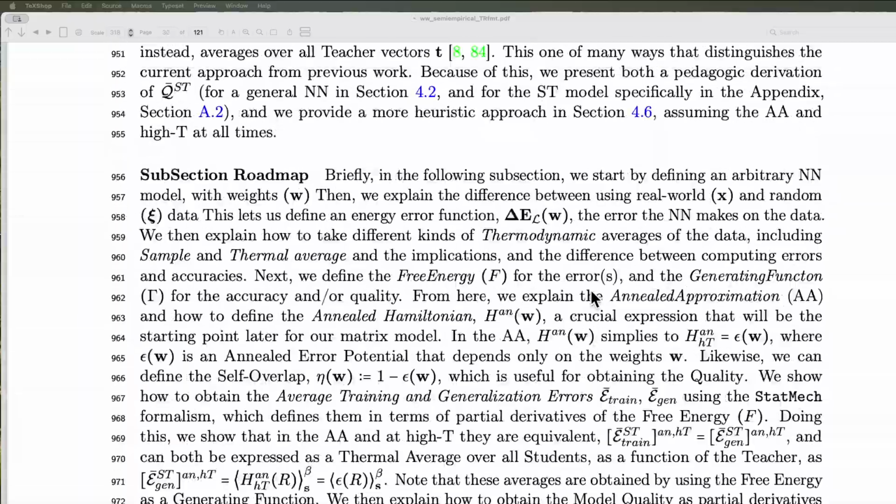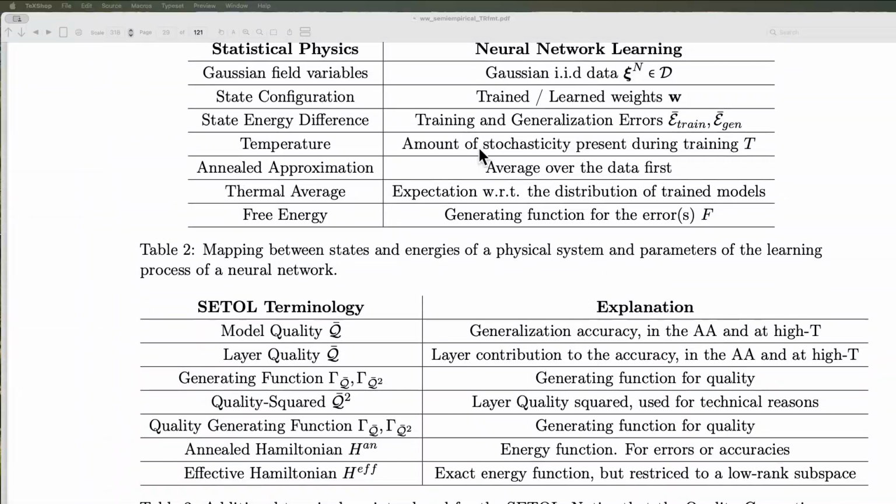The temperature is the amount of stochasticity. So typically, the temperature is something like the learning rate, or maybe like the amount of noise in the SGD process. Okay, I see. That's the idea.